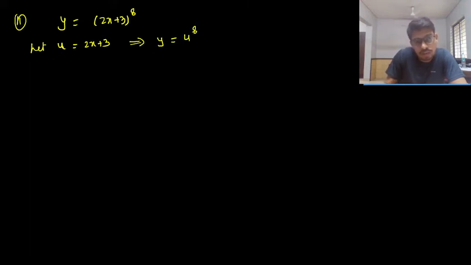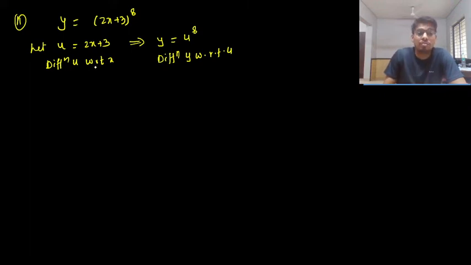Now since u is written in the form of x, we will differentiate u with respect to x, and y is written in the form of u, therefore we will differentiate y with respect to u.